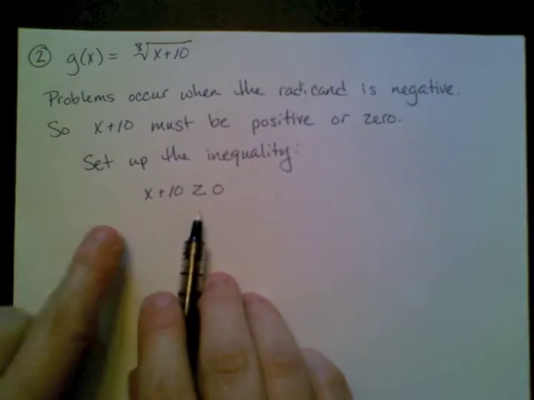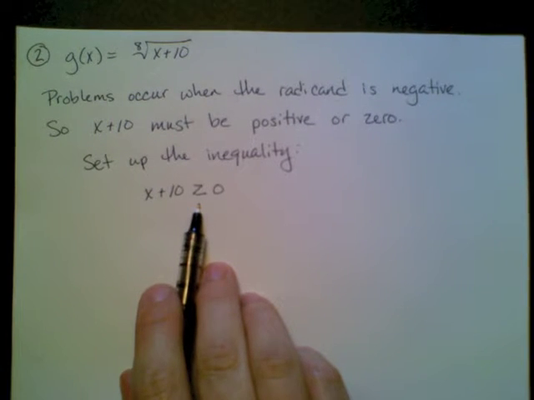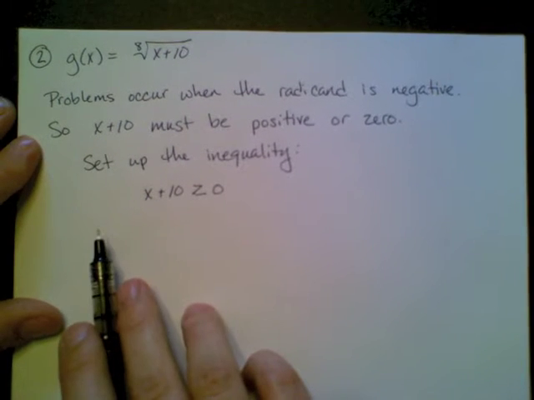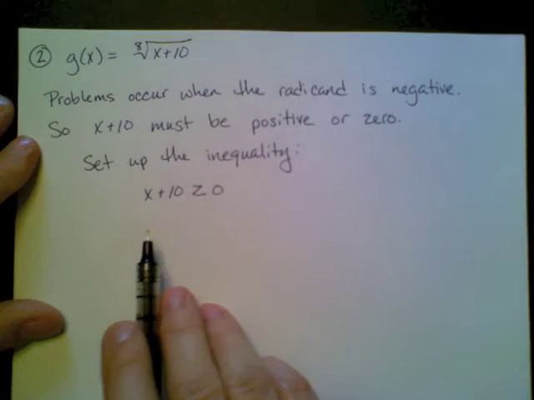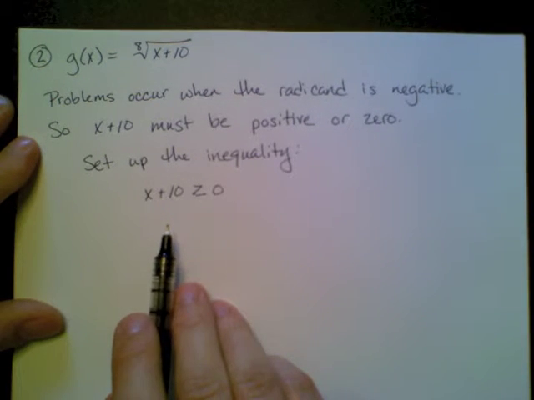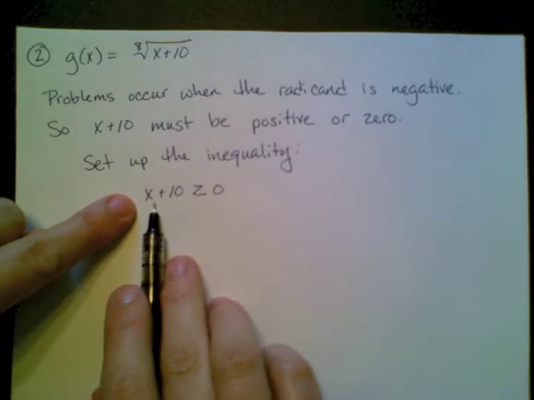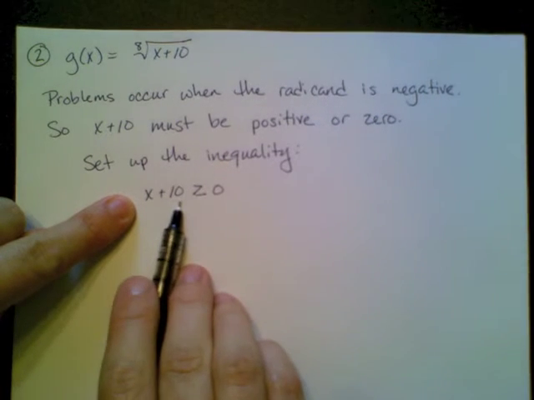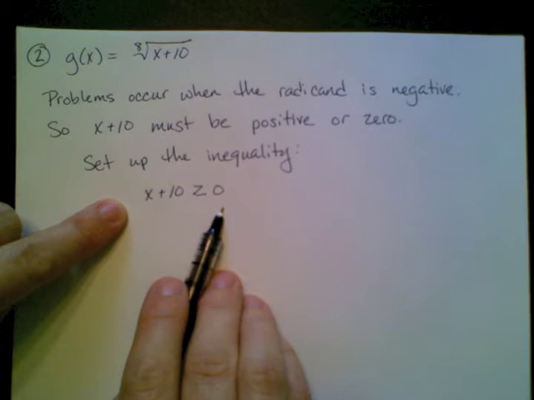I want to point out a difference between this problem and number 1. In number 1, we were looking for the problems, so we set the denominator equal to 0 to tell us where the problems were, to tell us everything that it could not be. Here we are looking for everything that it could be. I set this up to what needs to be true.